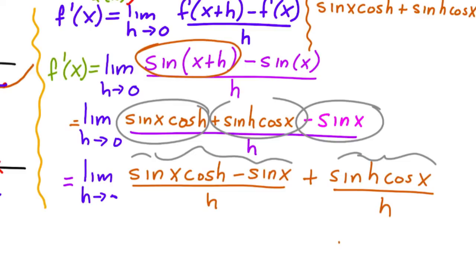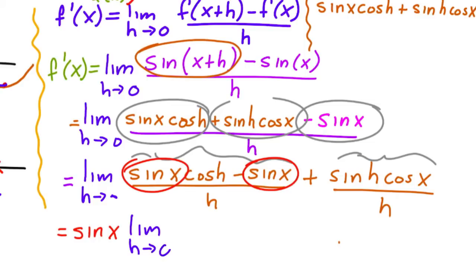Now, take a look at what happens here. You've got a sine of x in common right there, and so that one you can take out. Now, I'm going to take it out of the whole limit. I'm going to just write this as sine of x times the limit as h approaches 0 of, well, what's left over is cosine of h minus 1 over h.